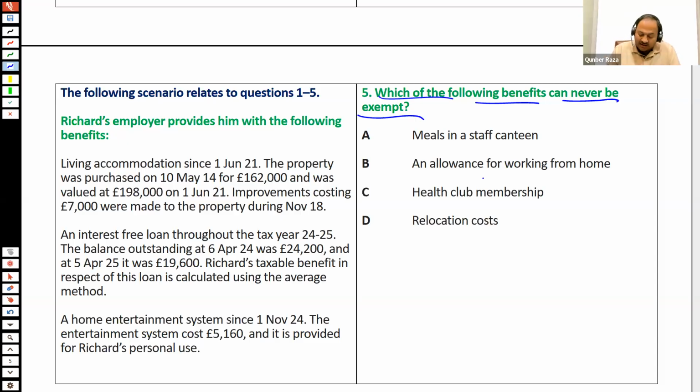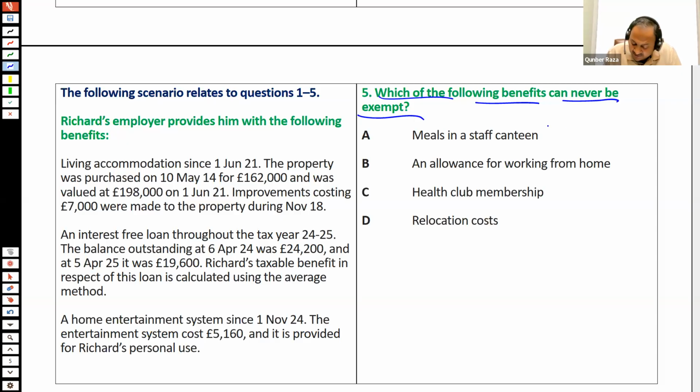Can I ask again, everyone, what's the answer in your opinion? Anyone?